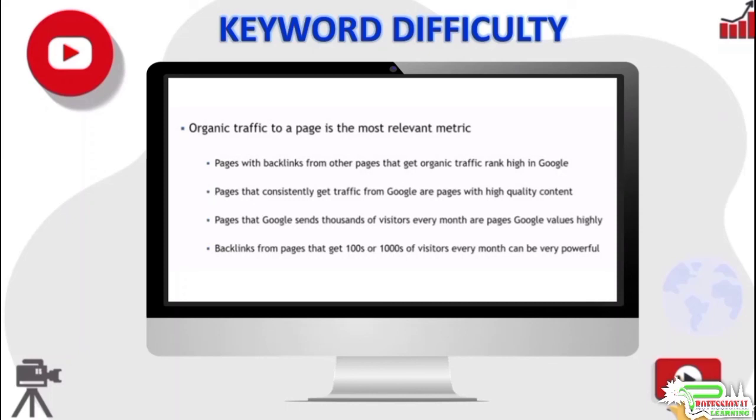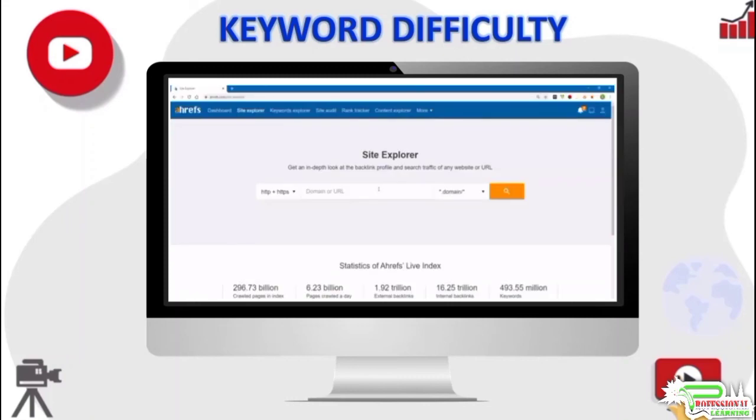Backlinks from pages that get hundreds or thousands of visitors every month can be very powerful. To know whether a page has backlinks from other relevant pages that get organic traffic, go to Site Explorer and run a search on the URL.